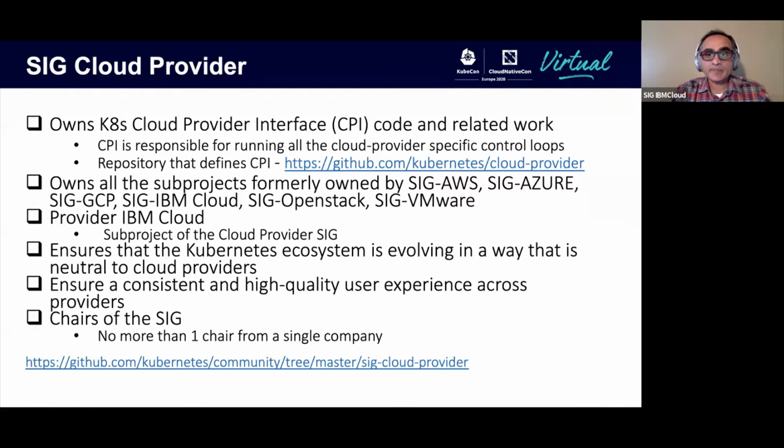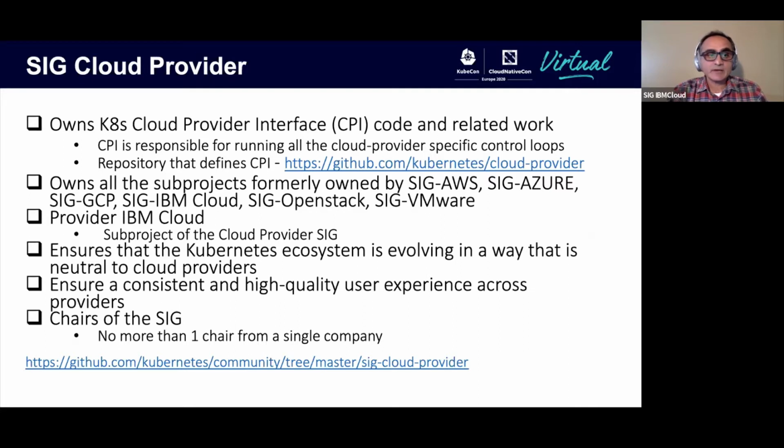And those controllers include many different interfaces to enable the load balancer, for the nodes to find out the IPs, zoning information. There are multiple interfaces, but the repository that has the code for these cloud controllers and interfaces is owned by Cloud Provider.